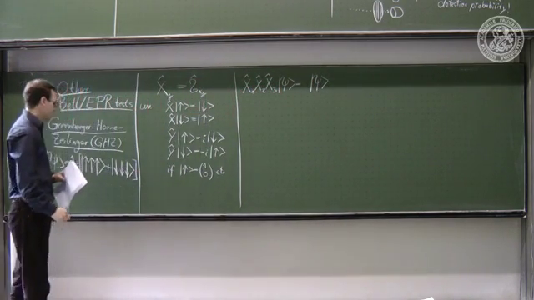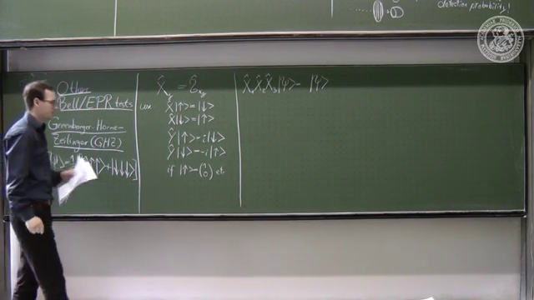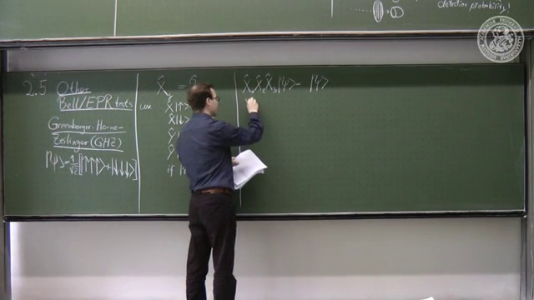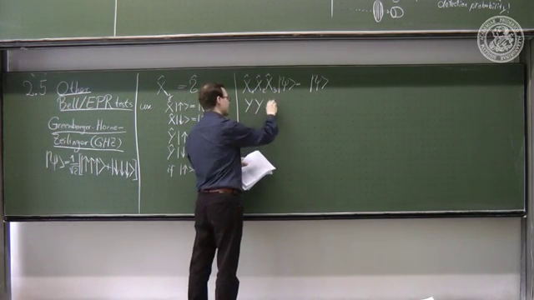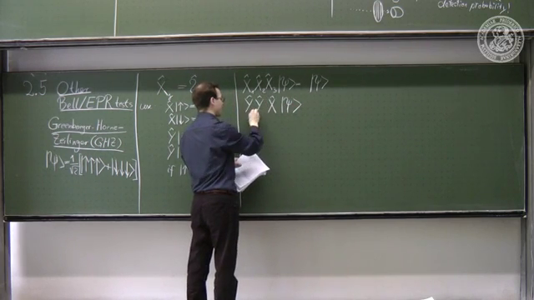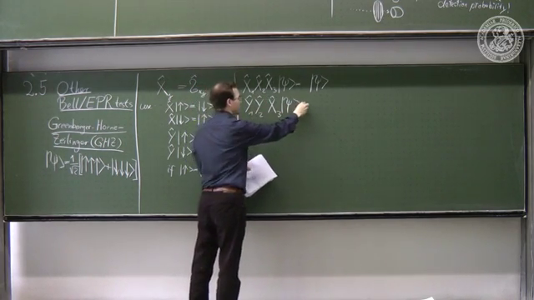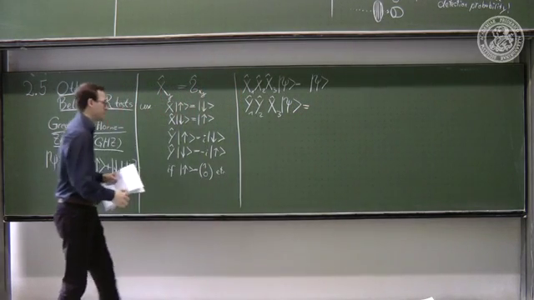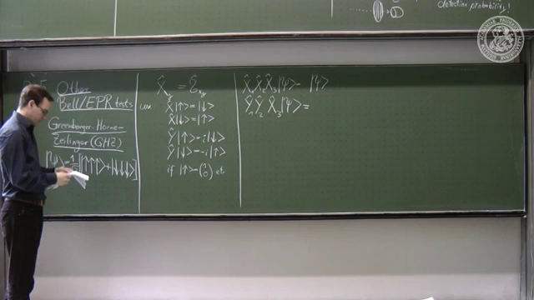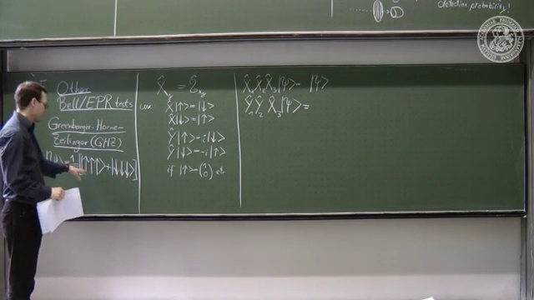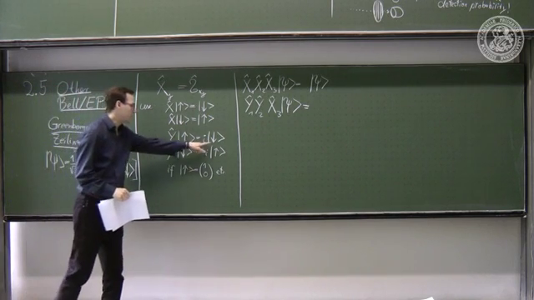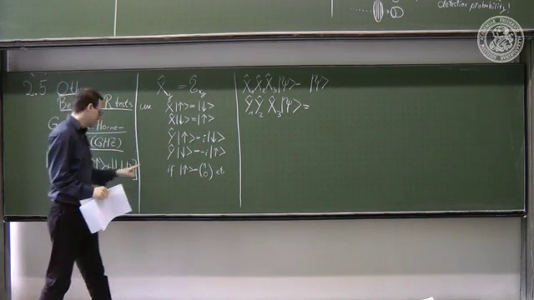Now I can also do more interesting combinations. For example, I can try to find out what happens if I apply y, y, x. Now here it's maybe not so clear immediately. But for example, take the first state. The up will be flipped to down and I get an extra factor of i.